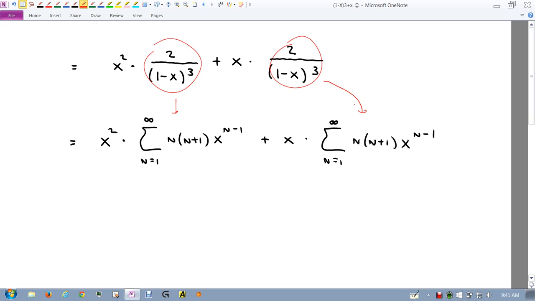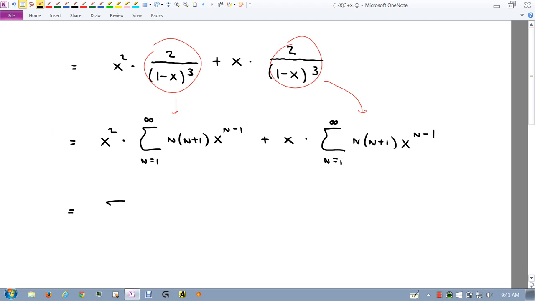Now we want to try and put this all together at some point, but let's take care of the x squared. Can I push the x squared into this? Yes? Yeah, because there's no n on it, right? So I can just put it inside. And what happens when I put x squared next to x to the n minus 1 and multiply them? Add the exponents, right? So what's n minus 1 plus 2? N plus 1?